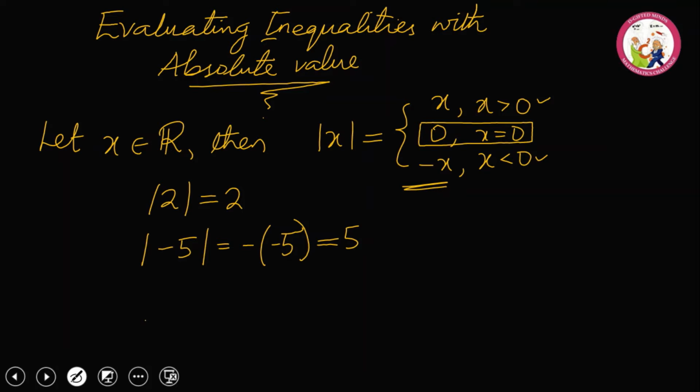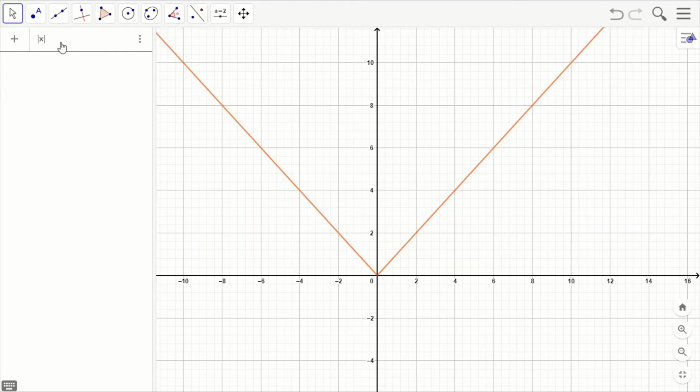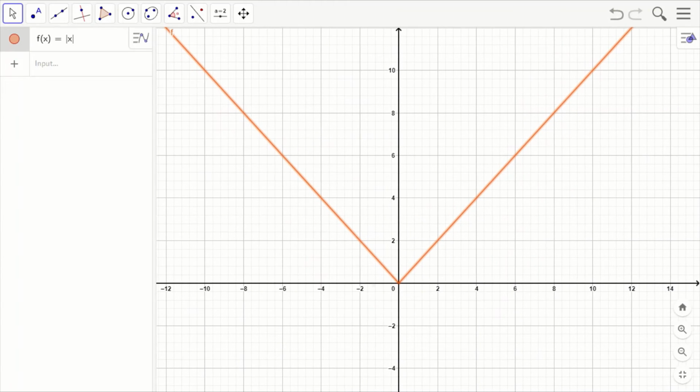Let me quickly show you using my awesome tool GeoGebra. Let's see the graph of the absolute value of x. Can you see the graph? This V-shaped graph. You can see that any positive value x takes, you get a positive value. If x takes a negative value, the absolute value still returns a positive value.